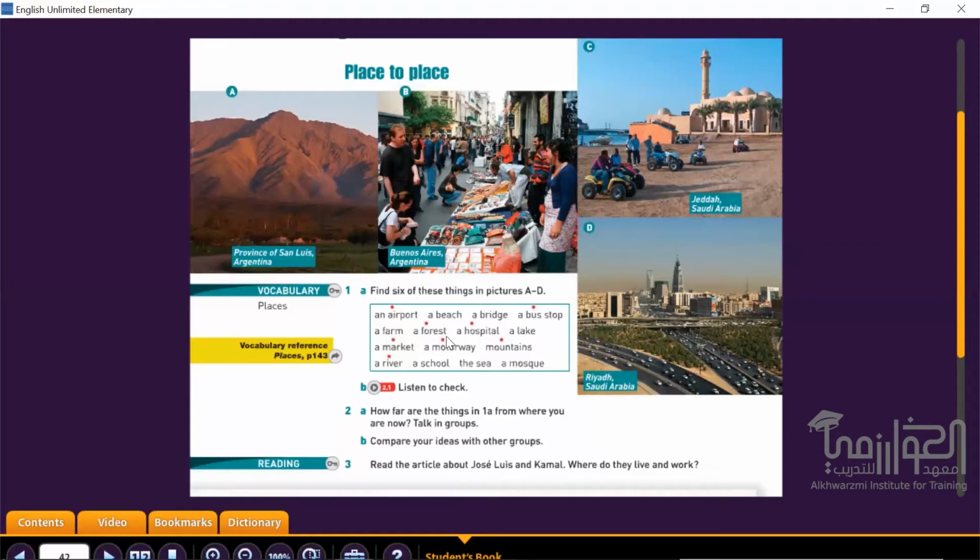And then the next word is a hospital. A hospital is what? Mustashfa. Where can we see any hospital in any of the pictures here? Yes, there is no hospital here. And then a lake, that is Buhaira. Can you see any lake in the photos?